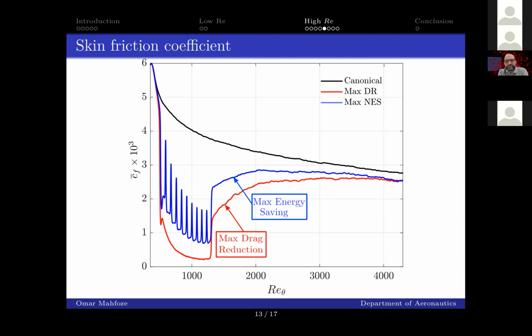I understand. I just want to point out, for the DNS study, the computational domain was long enough to recover the canonical skin friction coefficient, but it was because the control was very small. For the LES, because the control domain is 4 times bigger, the effect of the blowing can be felt further downstream, and the computational domain is indeed not long enough to recover the canonical value.